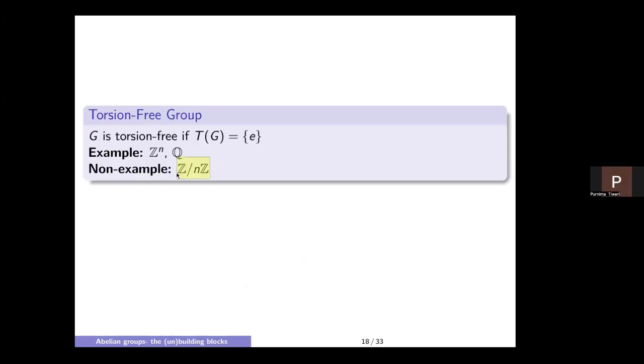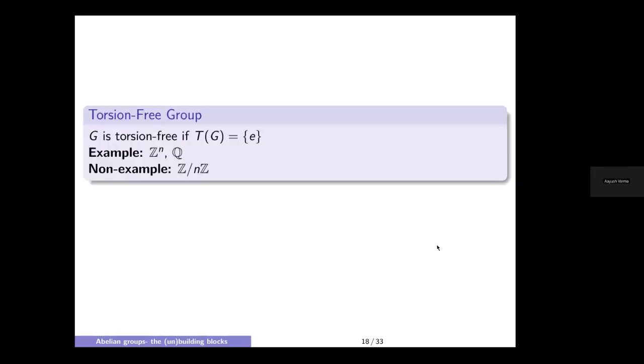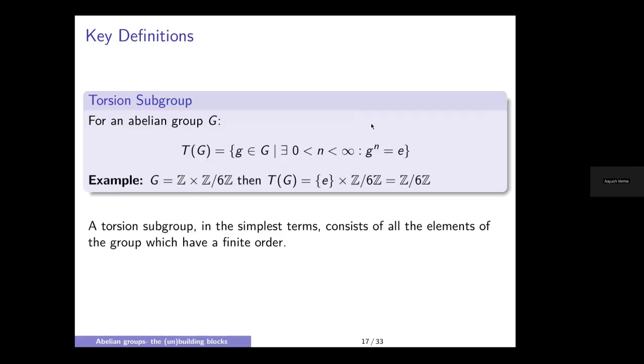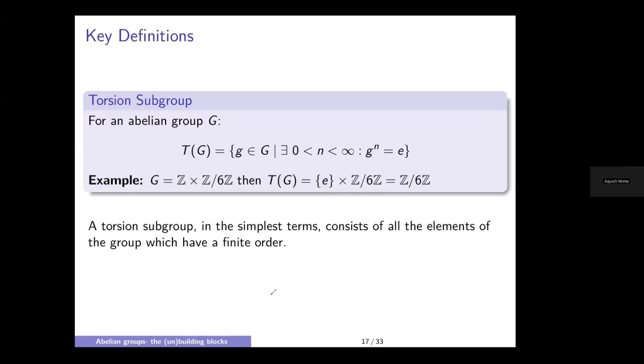Yes, but I'm saying your definition is not really of torsion. I think this is not how it is defined. Oh, so you're asking whether it's supposed to be this, and then something like n g goes to e?